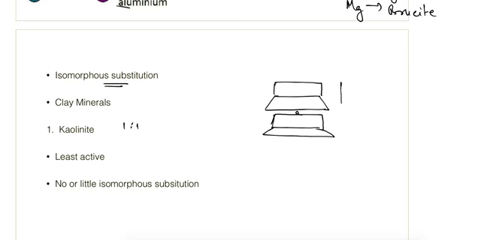The thickness of this single unit is 7 angstrom, and the space between these two sheets is connected with a hydrogen bond, because in the silica sheet this tip is oxygen, and in the gibbsite sheet it is alumina and hydroxyl ion, so it contains OH minus.